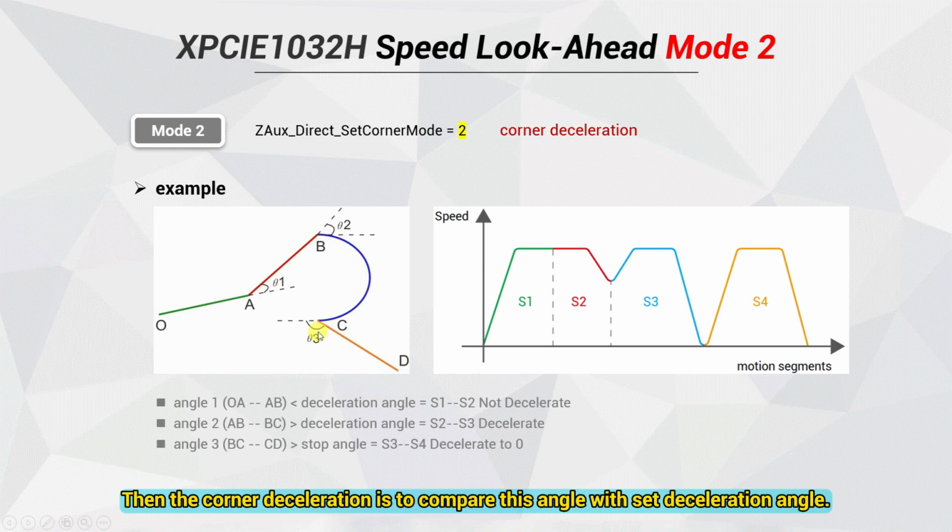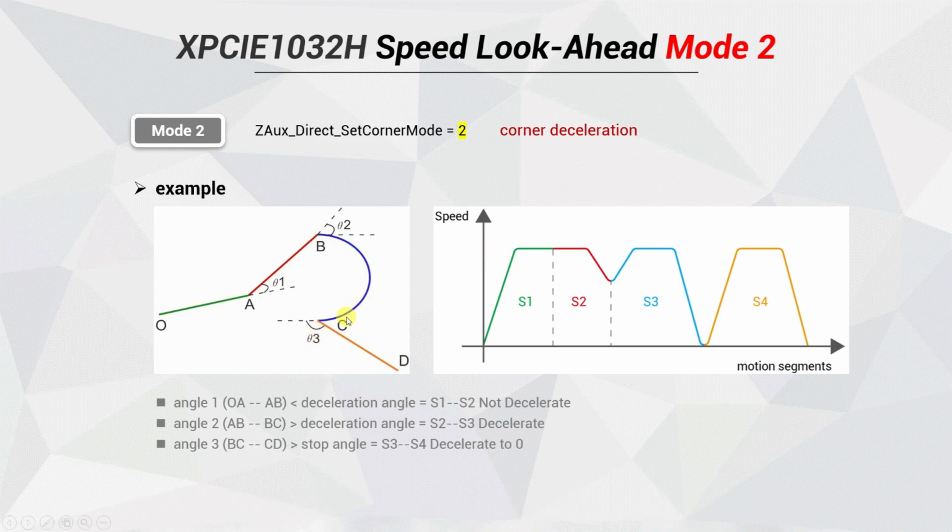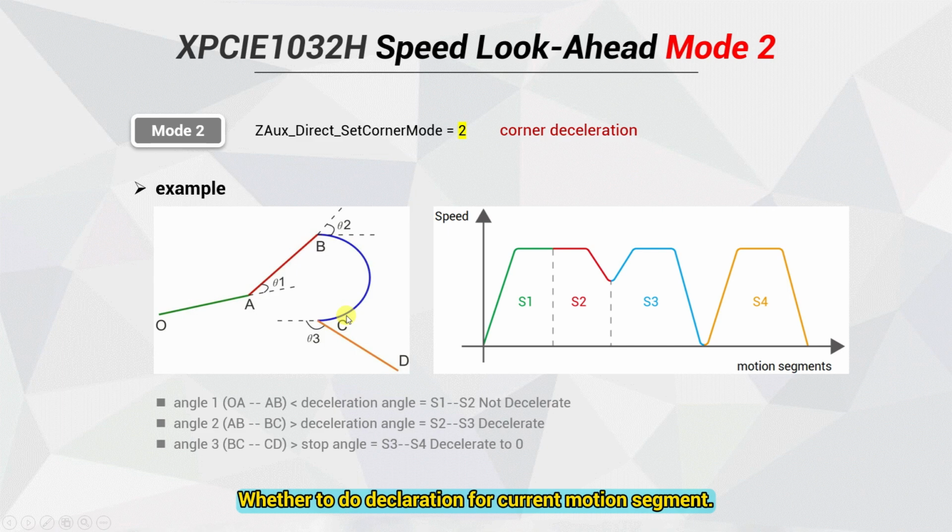Then the corner deceleration is to compare this angle with set deceleration angle, whether to do deceleration for current motion segment. Here, angle 1 is smaller than set deceleration angle. It will not decelerate. Angle 2 is greater than it, so it will decelerate. For angle 3, it is larger than the stop angle, decelerate to 0 directly.